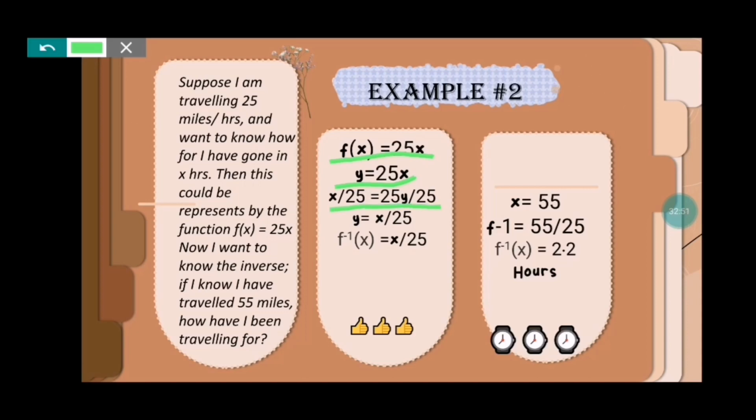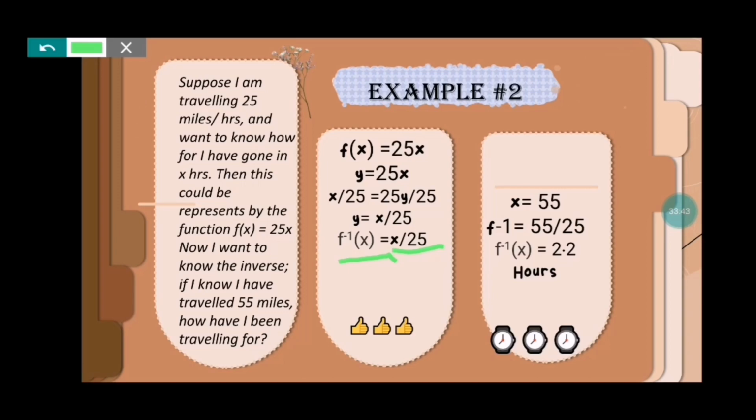We have here x equals 25y. Divide both sides by 25. So that's why we have here cancel and cancel. So the remaining will be y equals x over 25. That will be our remaining after the cancellation. Change y into the inverse. That's why we have here f inverse of x is equal to x over 25.